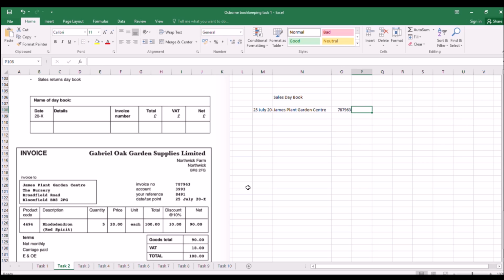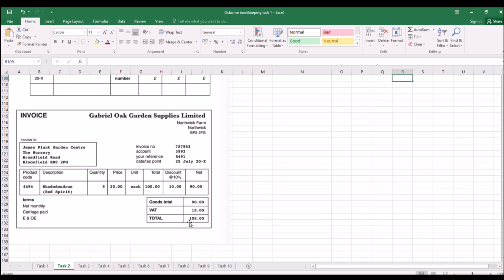And we've got our total, which is the total amount that they owe, here it is 108. We've got the VAT figure, which is £18, and we've got the net, which is 90. So that's what we would have in that figure there.